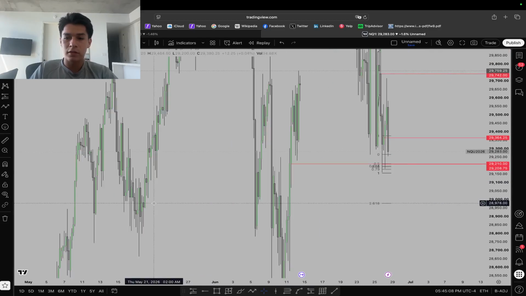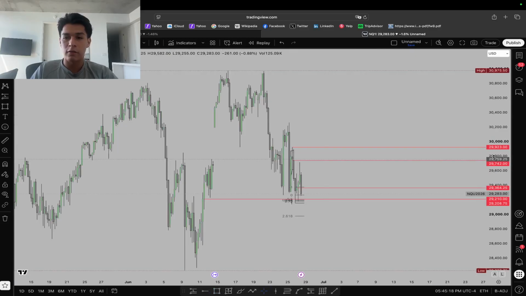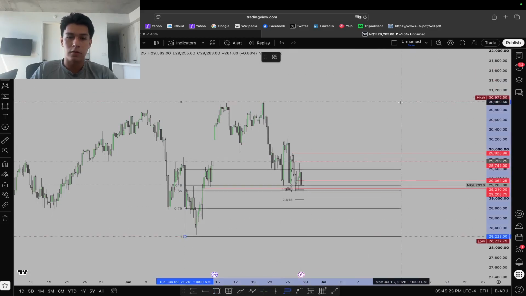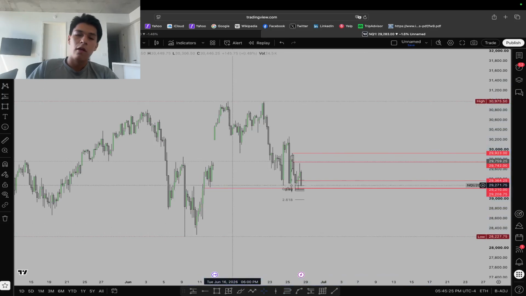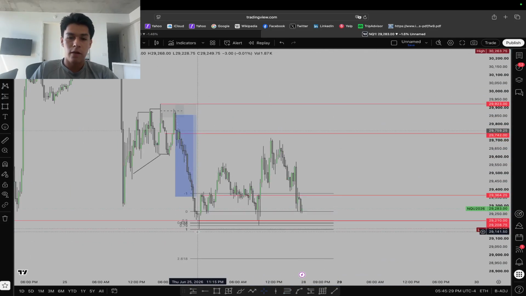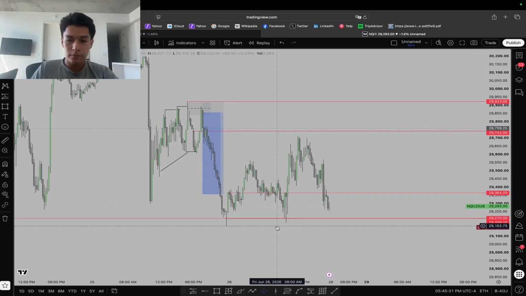And just an area of rejection that we've been rejecting, right? We rejected here, rejected here. We're also technically still in this area. And if you do look at the highest time frame, you can say we're deep into this discounted range, right? We're at OTE of this higher time frame leg, so you can expect us to rebalance and stall at this area.